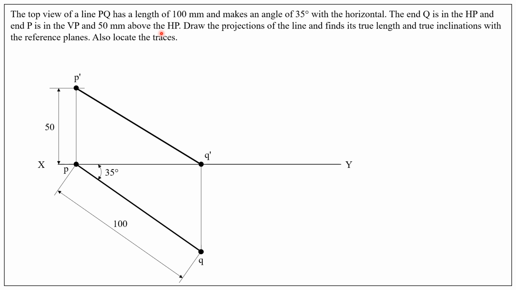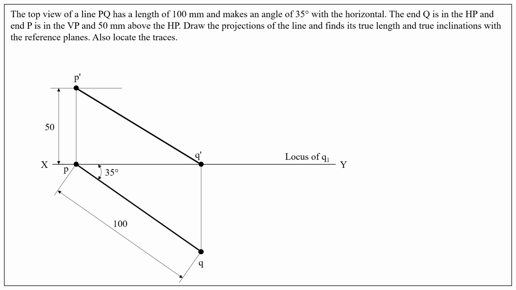But what is asked? To find its true length, true inclinations with the reference planes. Also locate the traces. So in order to find the true length, what we are going to do is mark the XY line as locus of Q1.